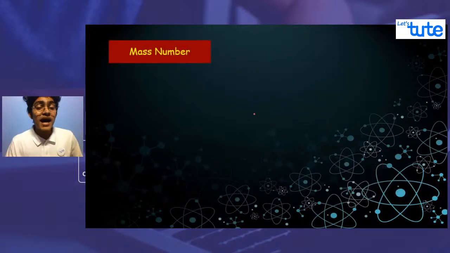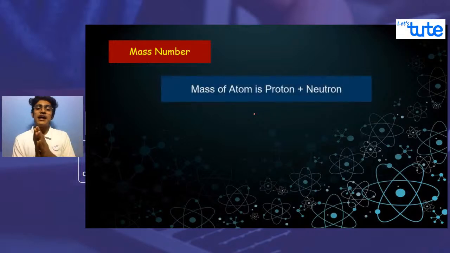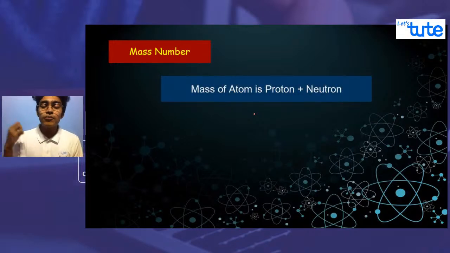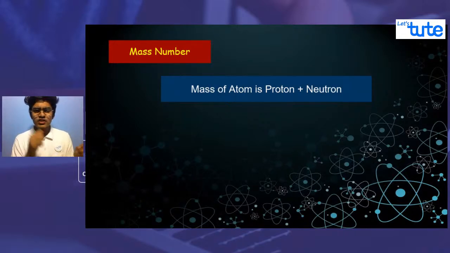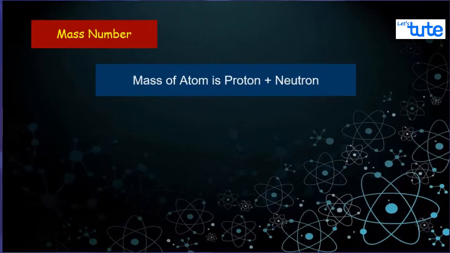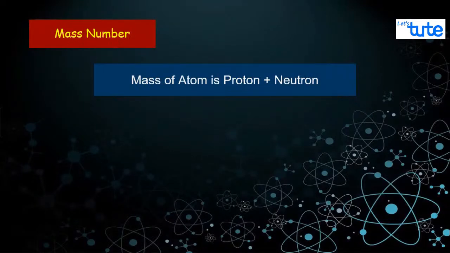Next is, what is the mass number? We have studied in the subatomic part about neutrons, nuclear atomic mass, that the mass of an atom is the mass of protons plus the mass of neutrons. These are the two things which we add together, and the number of protons plus neutrons gives us the mass number.